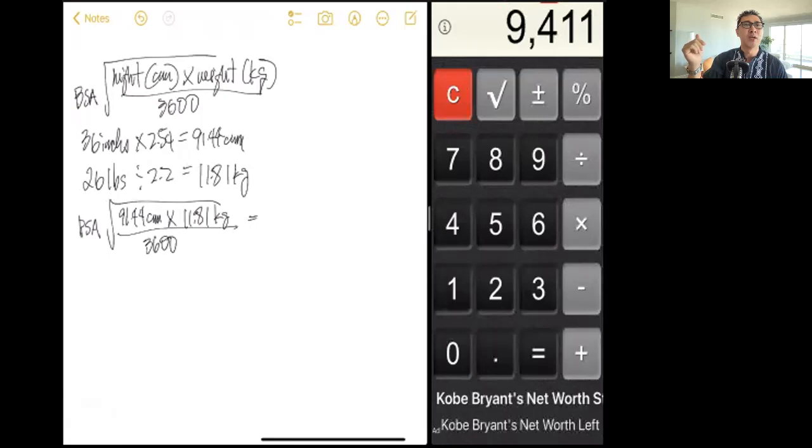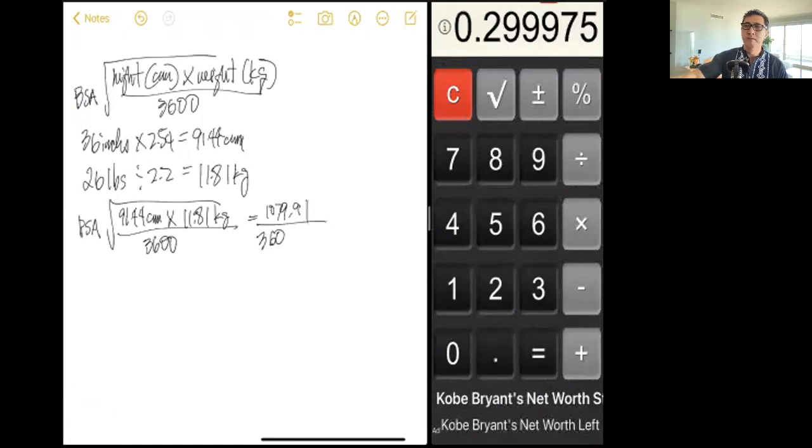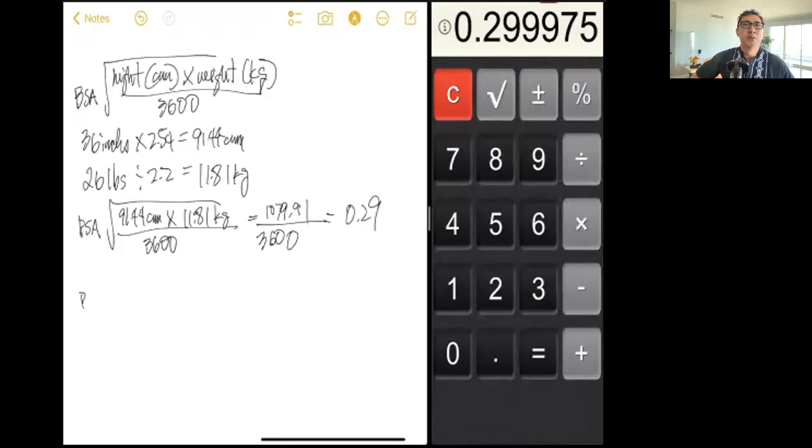91.44 times 11.8 is 1,079 something. I guess I rounded to the hundredths on this one. Divided by 3,600. The answer is 0.029.